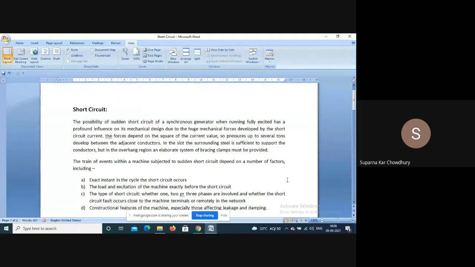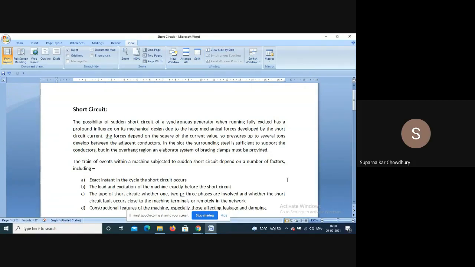But in the case of a salient pole machine, the reluctance offered to the flux path along the direct axis or the polar axis and the interpolar axis or the quadrature axis are widely different. So two synchronous reactances were introduced: the direct axis synchronous reactance and the quadrature axis synchronous reactance.